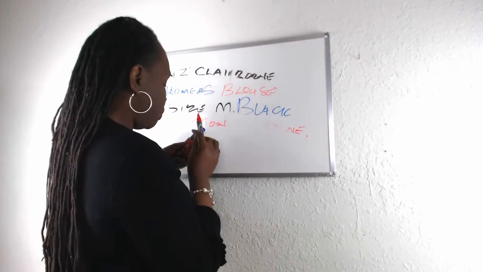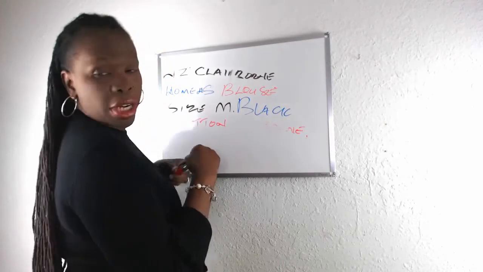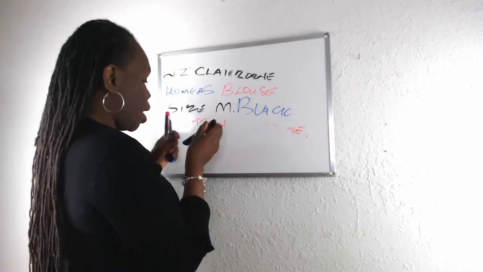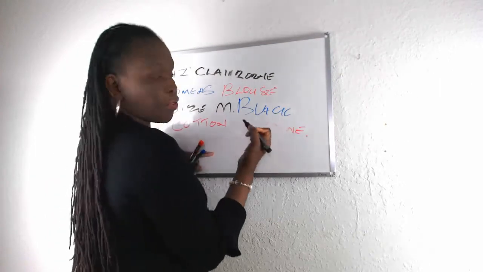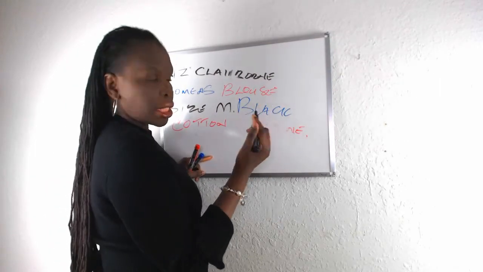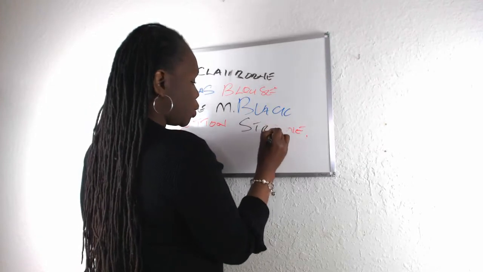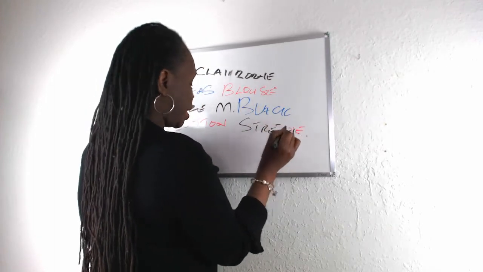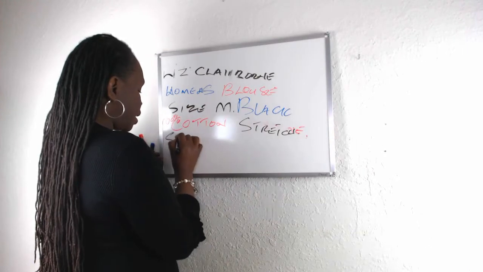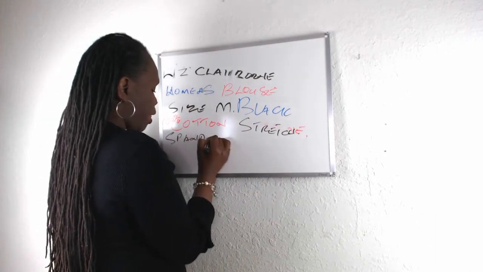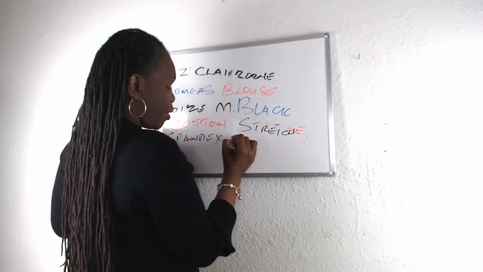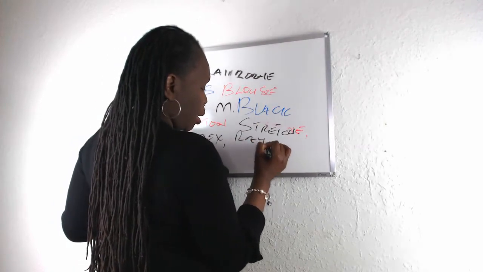Or the other materials that are desirable. If it stretches, you're going to write stretch. So that means it has spandex. If it has spandex, the other materials that are desirable are rayon.